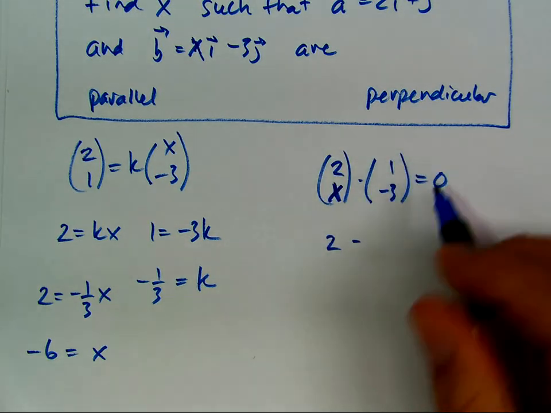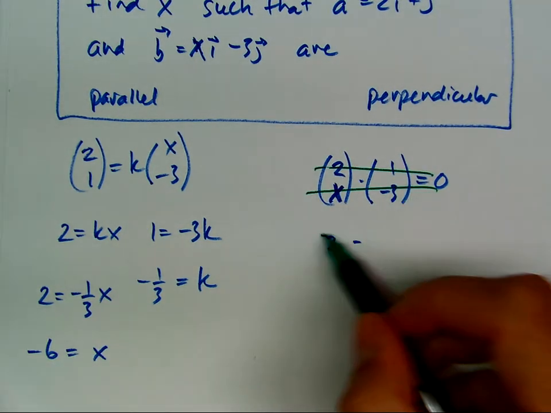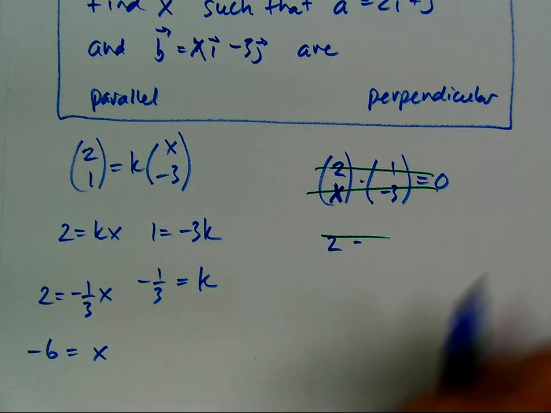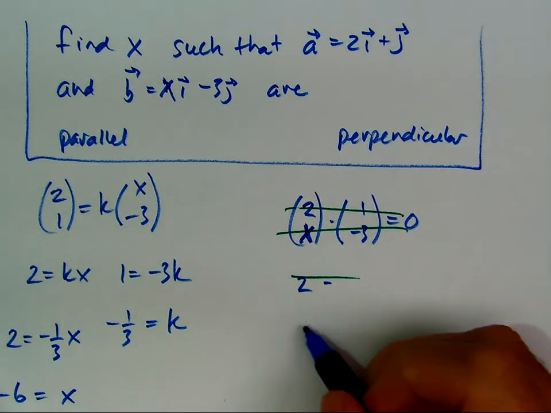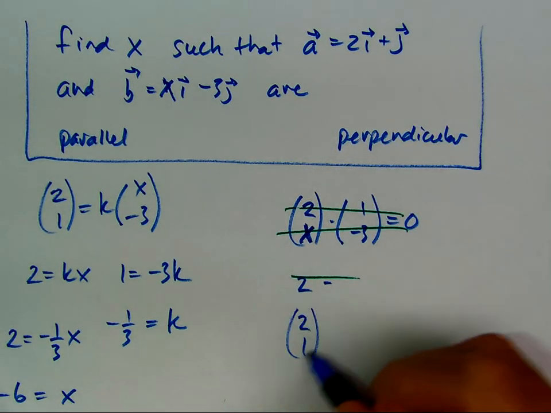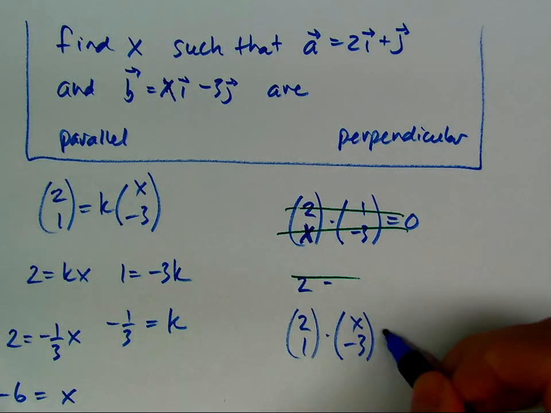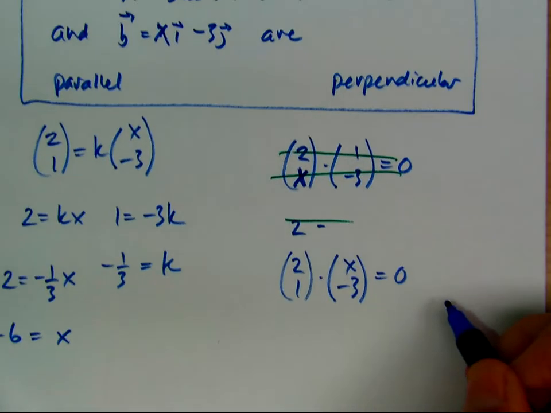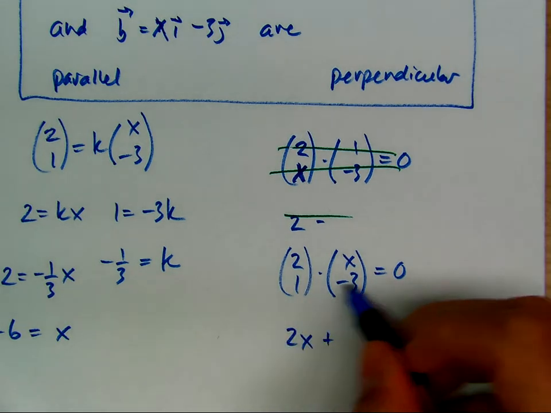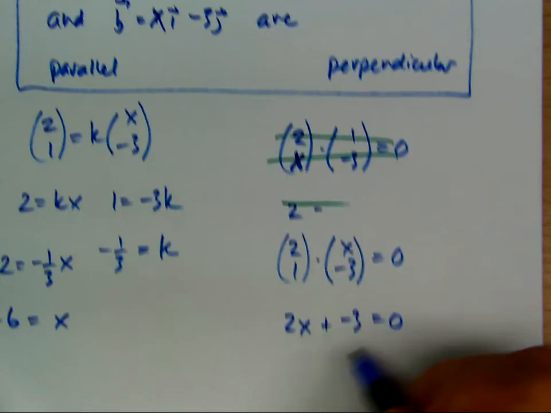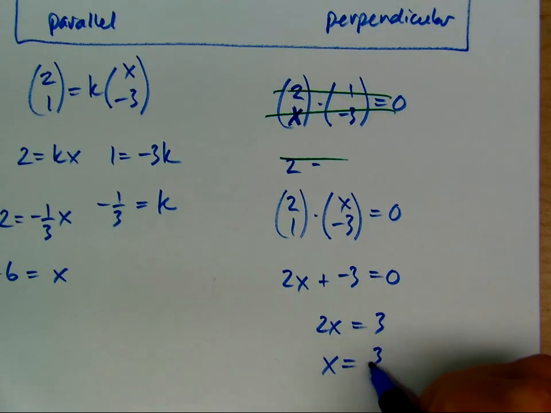So I'm going to start over. 2, 1 dot x, negative 3 is 0. So we have 2 times x plus 1 times negative 3. 2x equals 3. x equals 3/2.